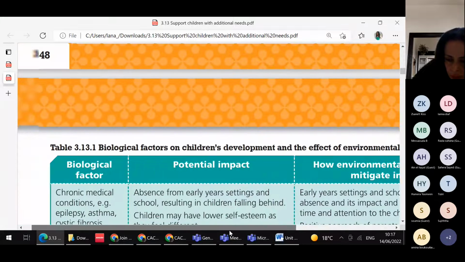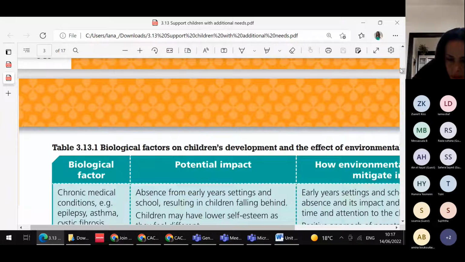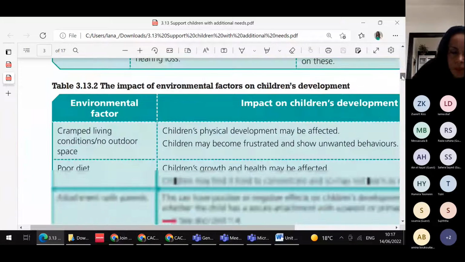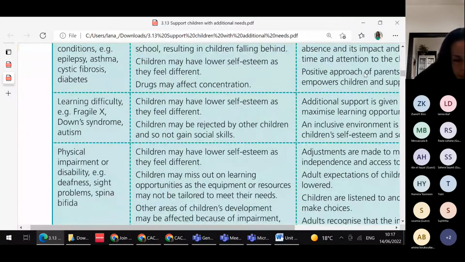At the start, we will talk about the potential impact. If the child has a difficulty, let us say Down syndrome, autism, all this, what's the potential impact? The children may have low self-esteem. They may feel less confident. They may feel different from others, which doesn't help at all with their development.